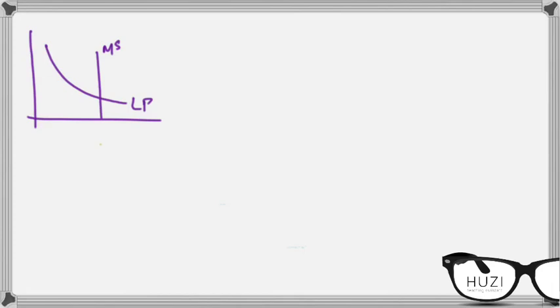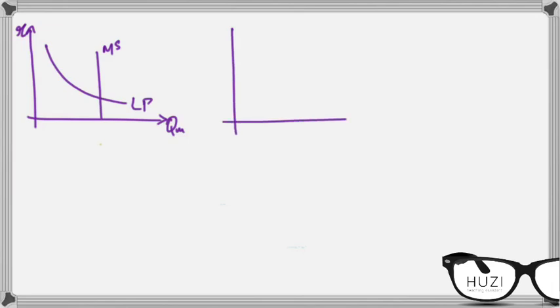Let's take a final look at the transmission mechanism. This here is LP. This here is the supply for money, quantity for money, and on the vertical axis interest rates.